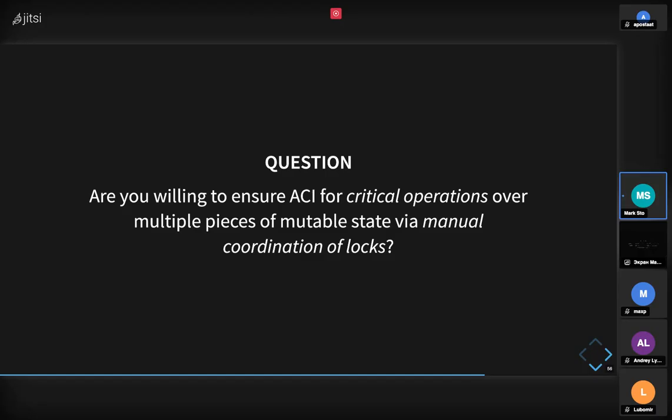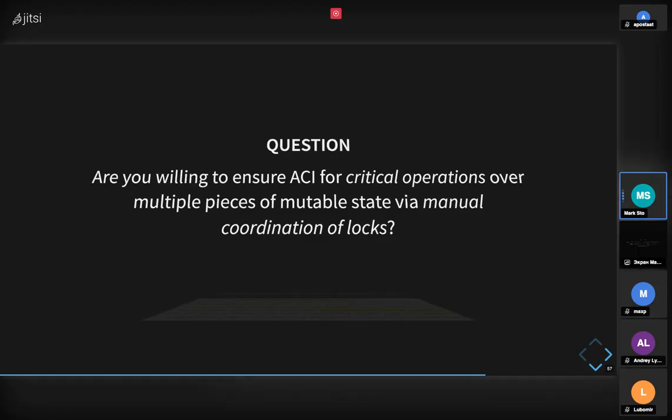This question is about explicit choice and, to a fair degree, personal taste and preference. Either you take coordination on yourself with explicit locks, or you shift it onto some fancy model that will do it for you. And if you think you are good to go the manual path, let me remind you something.